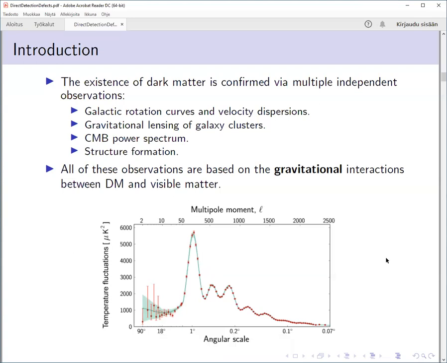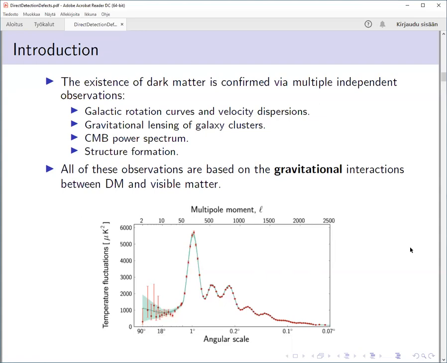So this is a very good measurement also of the relative abundances of dark matter and visible matter, and the rest then has to be dark energy, which is the dominant contribution in the energy budget. But this is the most precise measurement of the amount of dark matter, and it is roughly 5 times as abundant as visible matter in the universe.